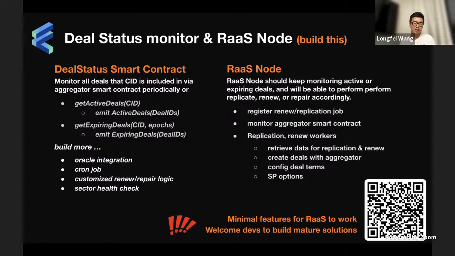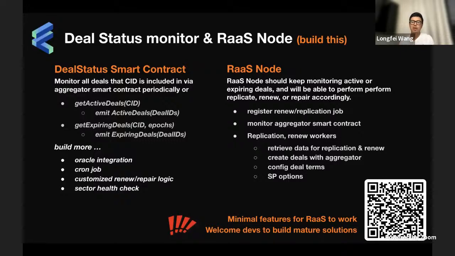And if there's a new renew and repair coming, what logic should I use? Should I repair? Should I renew based on what the clients ask for, or maybe I can renew in a different location and pick a different storage provider to do that? And how will the clients pay for the renew service or repair service? Those are a lot more details you can add for this kind of renew and repair RaaS service.